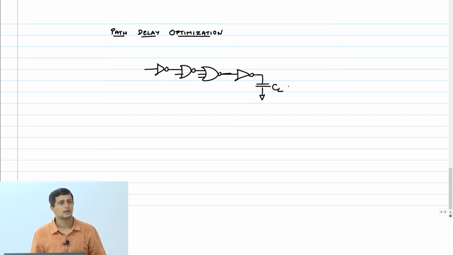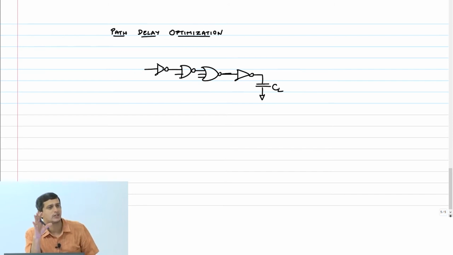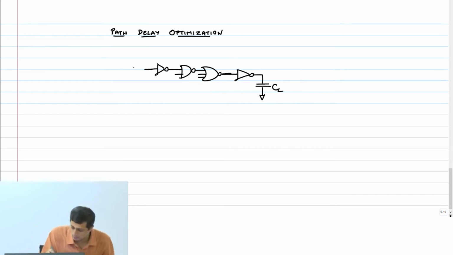Okay, I want to find the sizes of these gates which will minimize the delay between point A and point B. I want to minimize the delay between A and B.